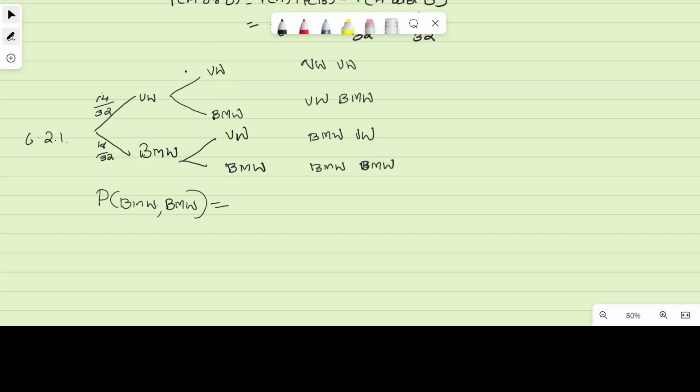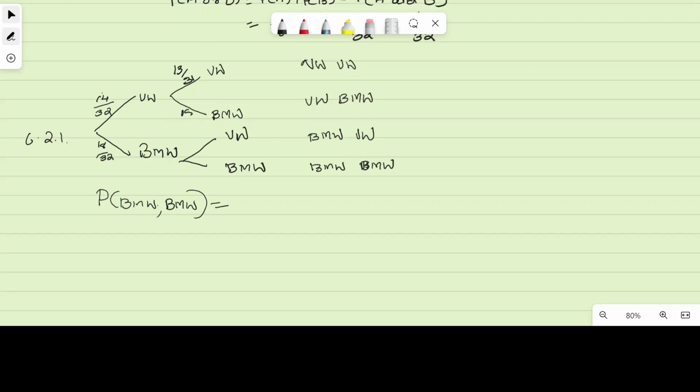Now look at the next branch. How many cars are now remaining? Because one car is already stolen, you are only left with 31 cars now. How many VWs are left? Because the first car stolen is one VW, you are only left with 13 VWs. How many BMWs are left if the first car stolen is VW?